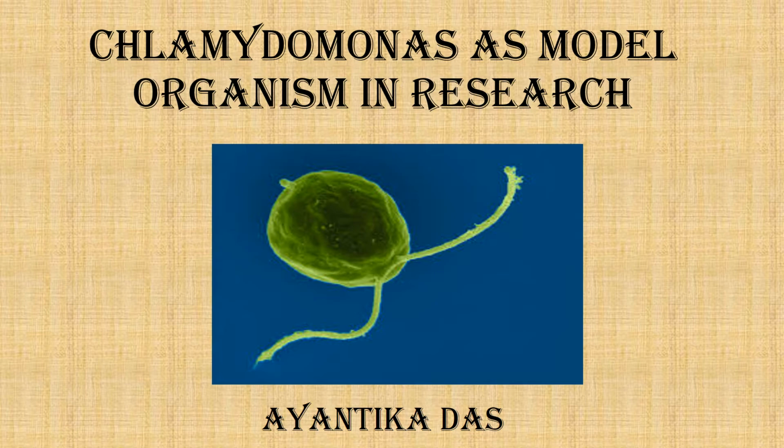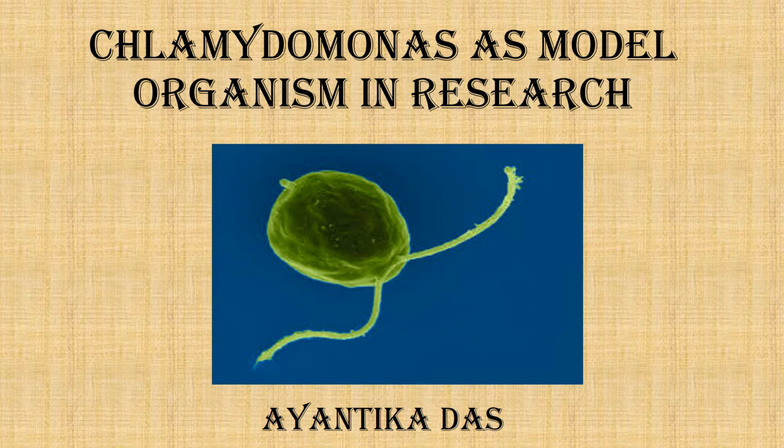Now, what is a model organism? A model organism has a small size, and due to the small size it will have a simple structure. It will be haploid. It can also have a very high generation speed, that is, its life cycle is completed in a very short period of time.